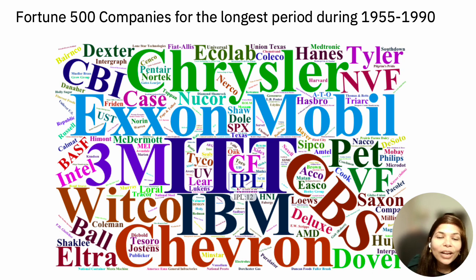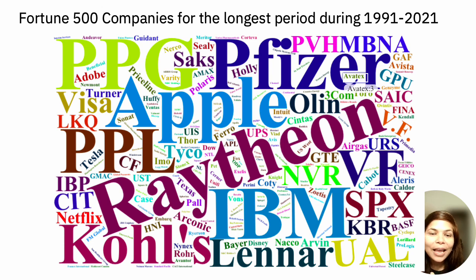But let's look at what happened after 1990. Between 1991 and 2021, you see so many technology companies got added into the Fortune 500 list, like Apple, besides IBM, of course, Visa, Adobe, Netflix. There's a small Tesla too there, right?